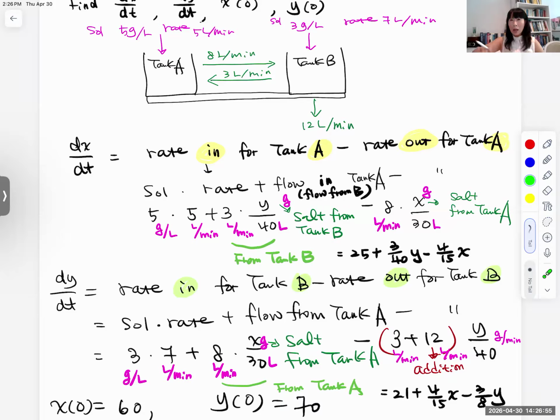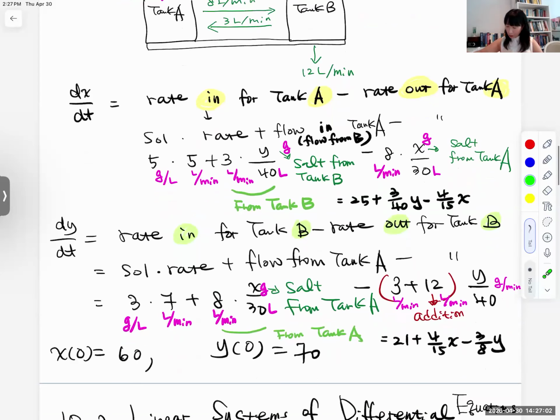Okay. Now everything all together, so we simplify. So we have 21, and simplify 8 out of 30, and it's 4 over 15 x. And then negative 15 over 40, which is 3 over 8 y, right? Okay.